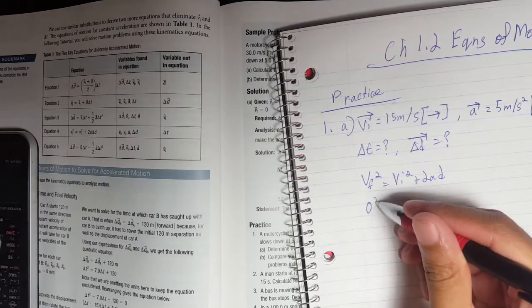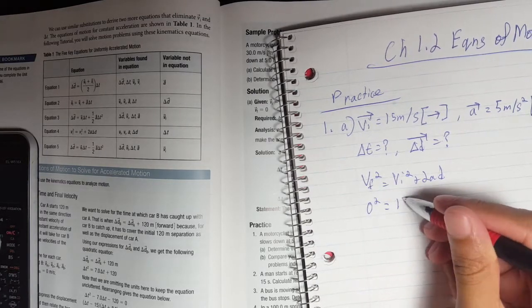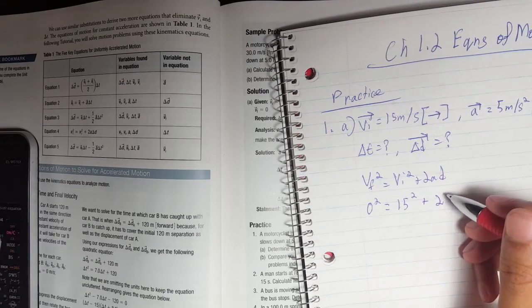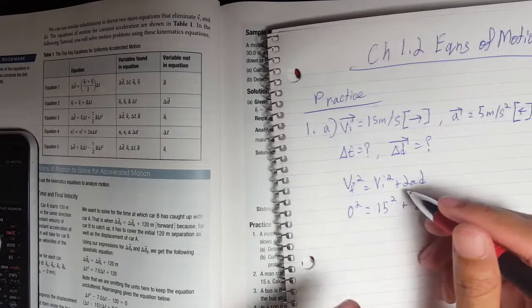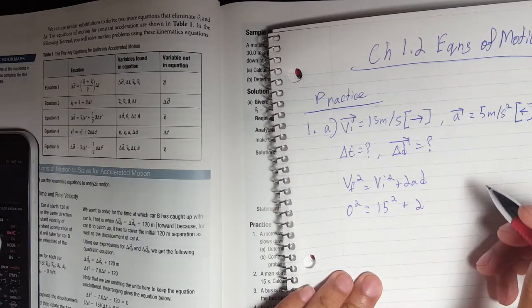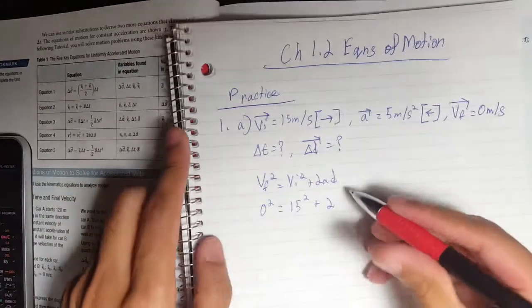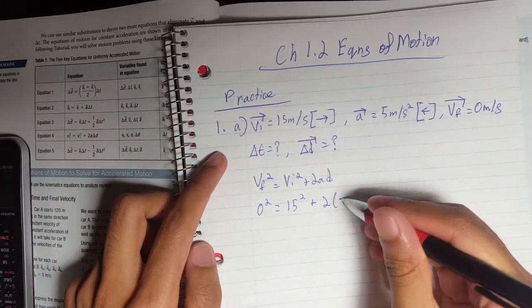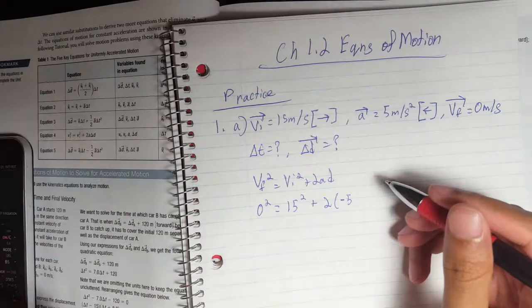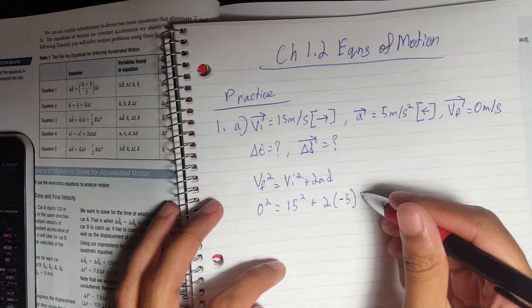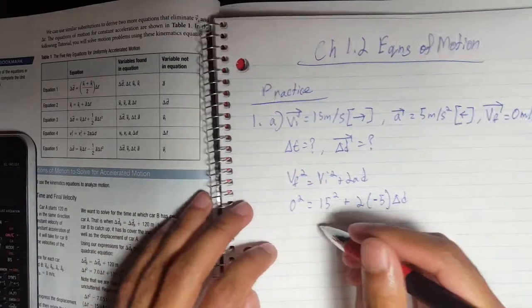I'll say positive means forwards and negative means backwards in this case. And since acceleration is backwards, I'll make it negative, times displacement.